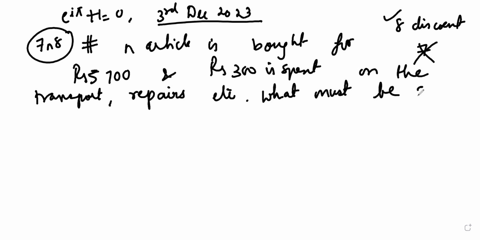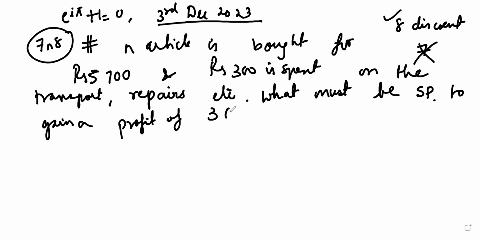SP is selling price, CP is cost price. Remember this. To gain a profit of 30% on the whole. So this is an example where overheads are given.